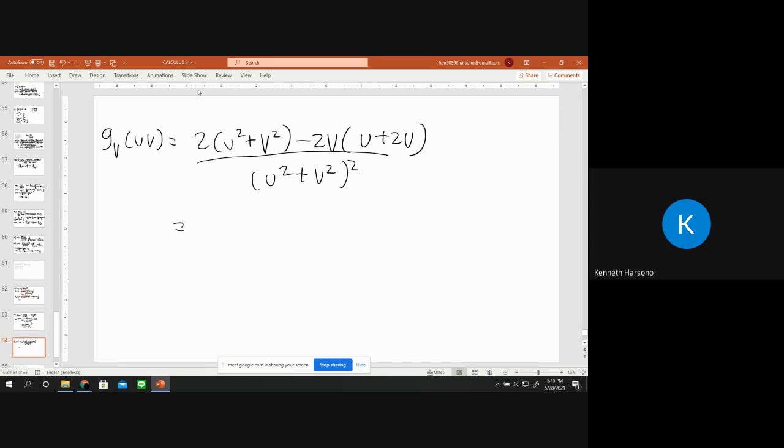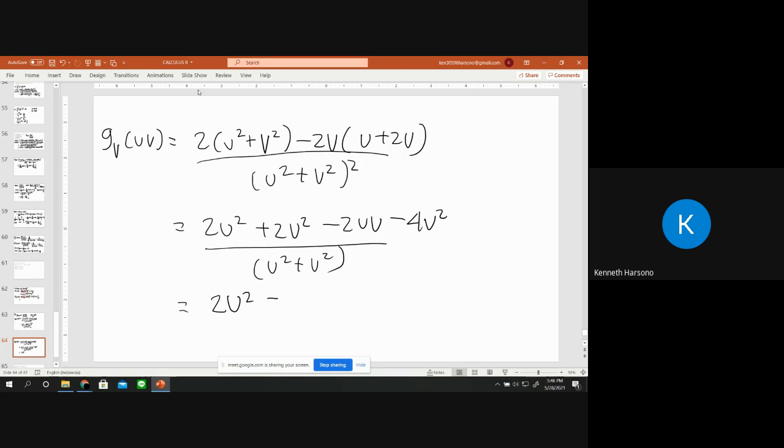So this became 2U squared plus 2V squared minus 2UV minus 4V squared. So final answer: 2U squared minus 2V squared minus 2UV all over this one squared, U squared plus V squared squared.